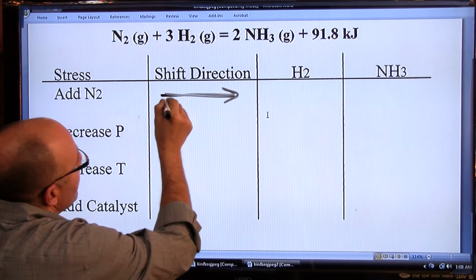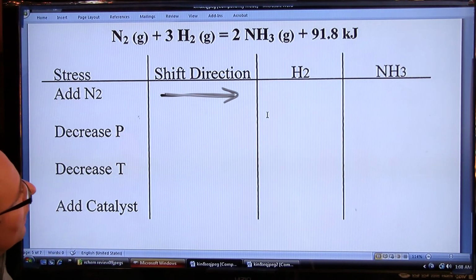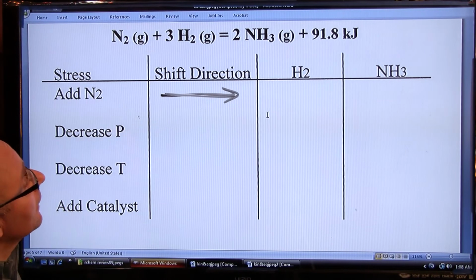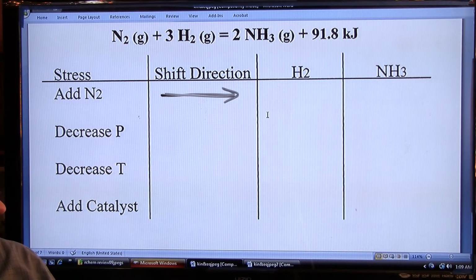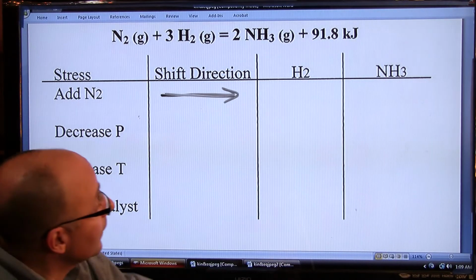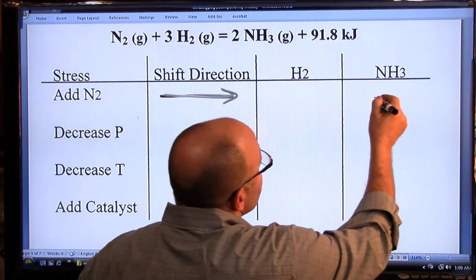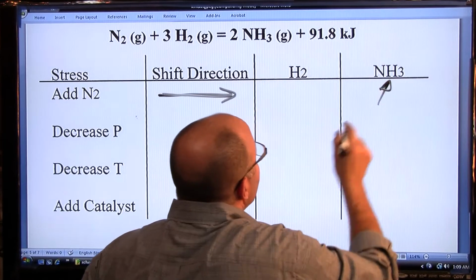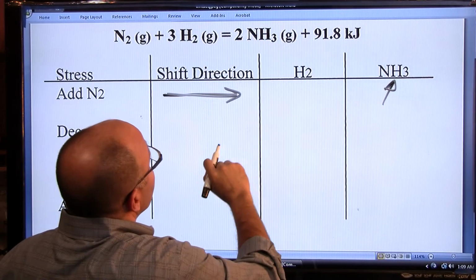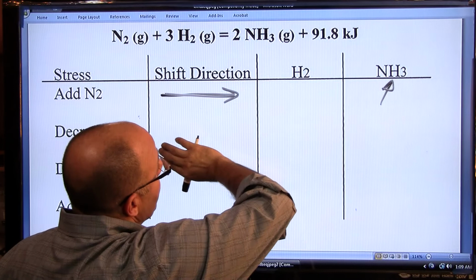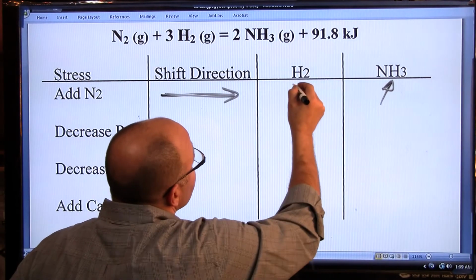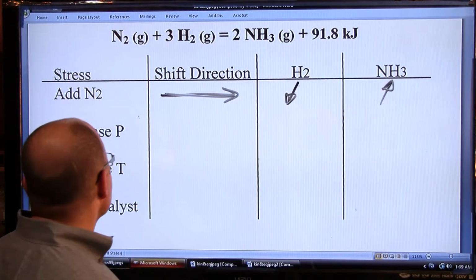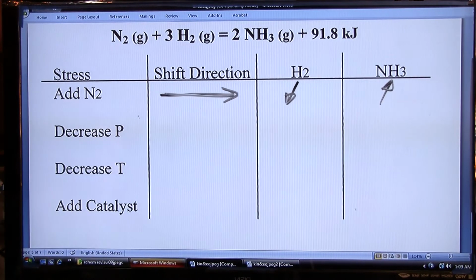Equilibrium shifts away from the component that is added to use it up. And since it shifts to the right, that means everything on the right side, the NH3, will increase at the expense of what is on the left side. So in other words, to increase the amount of product, you have to consume reactant. So the H2 decreases.